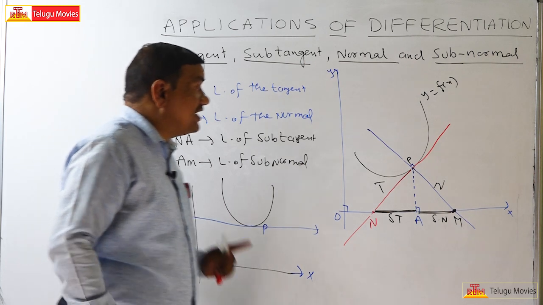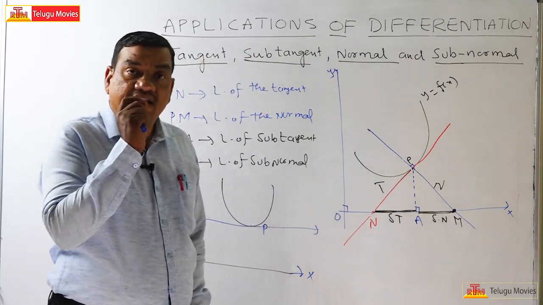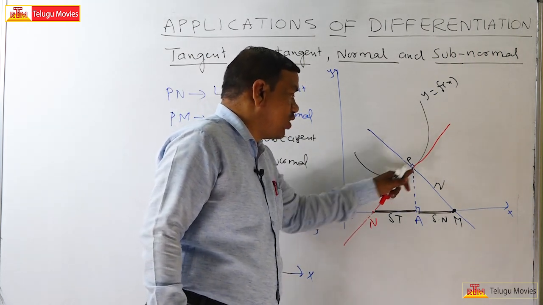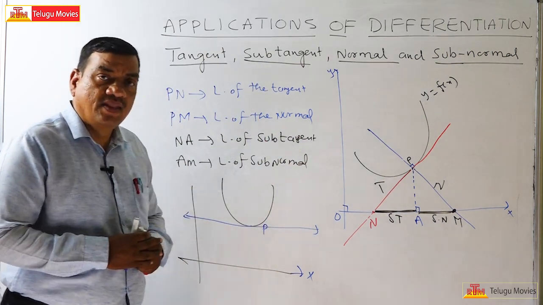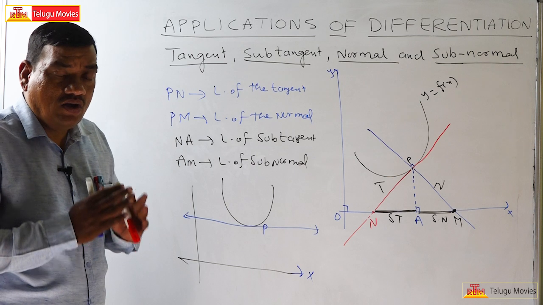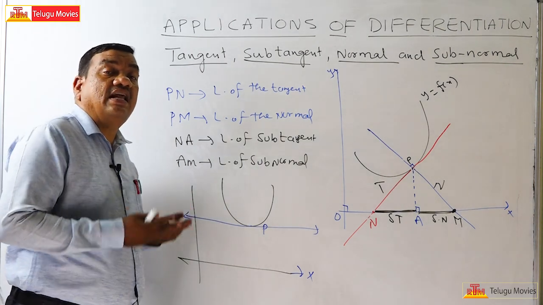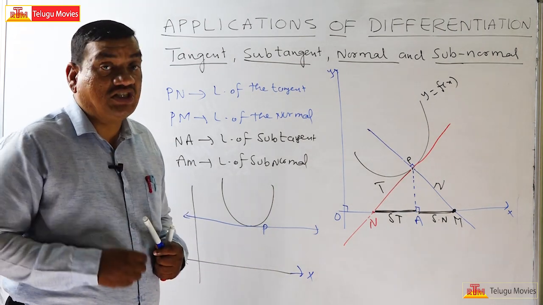If the tangent intersects the x-axis, if there arises a point of intersection, only then the distance between this point and P is defined as the length of the tangent. If it does not intersect the x-axis, then the length of the tangent does not exist.